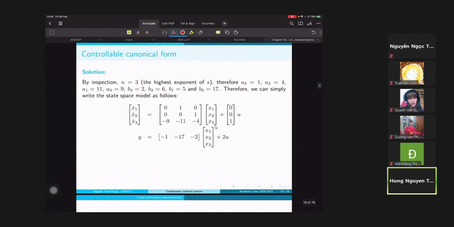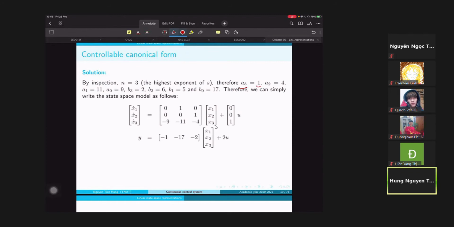So I think that this is the correct answer. This is my solution, and I also did it myself, so maybe I also made a mistake. But I checked, and I think that we have the same results. In this case, we see that the highest exponent is n equal to 3, and we specify a3 equal to 1, a2 equal to 4, a1 is 11, a0 is 9.